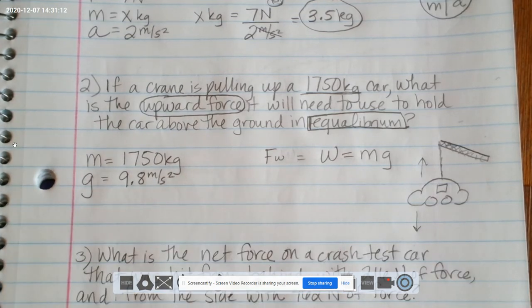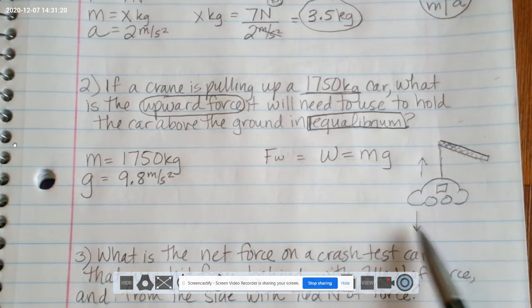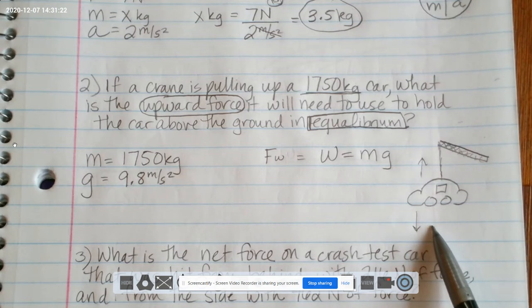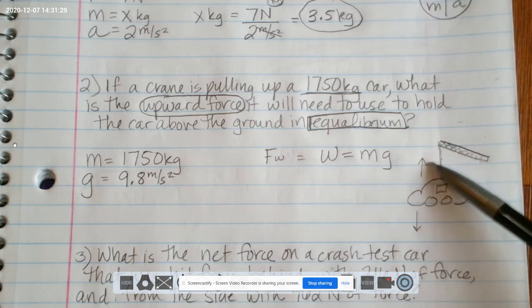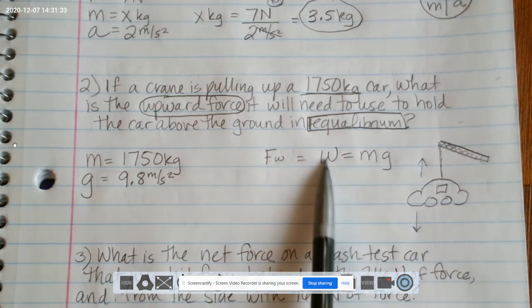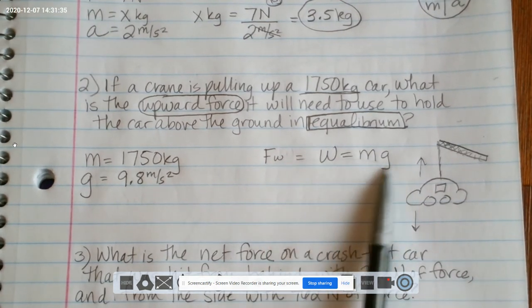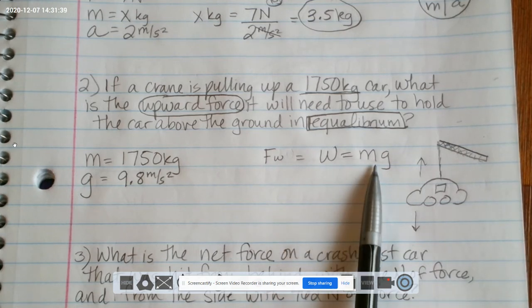Now, some of you might wonder, well, should I put this as a negative number because it's gravity and it's pulling downward? If we were to draw it on a force diagram, yes, it would go downward, in the negative direction, while something would be pulling upward in the positive direction. But whenever we use gravity in an equation for something like weight, or we'll use it for potential energy later, you do not use gravity as a negative number.